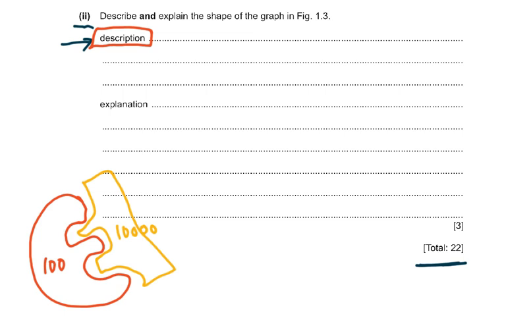So what is going to happen now? Rate increases as more substrate is available. First, there were only 10 substrate. Now the substrate is increasing. So rate increases as more substrate available. And then a time comes that, all this is immaterial because all the active sites are saturated. There are only 100 active sites. So all the active sites are saturated.